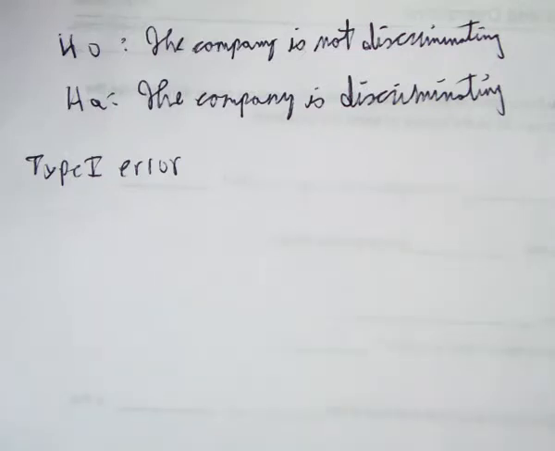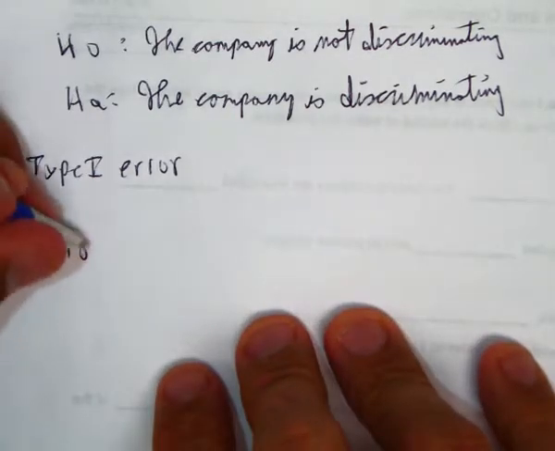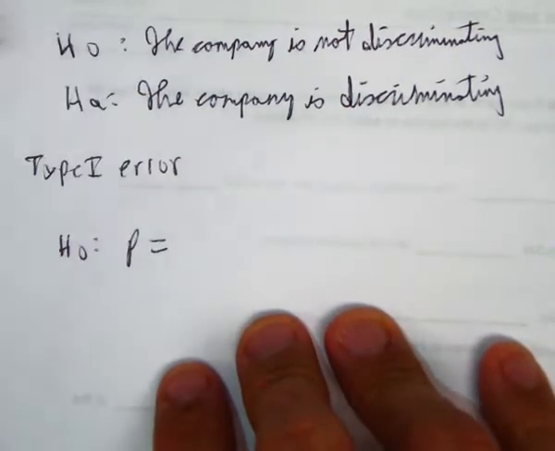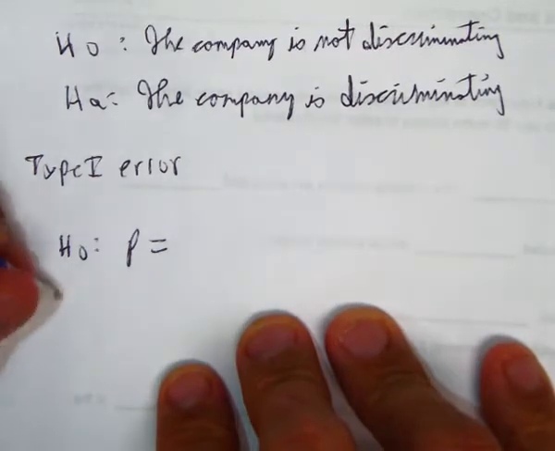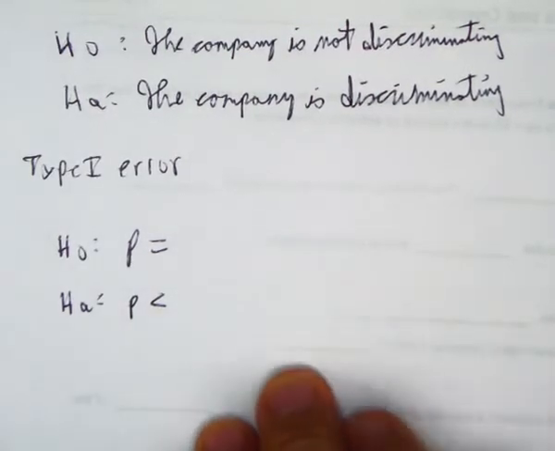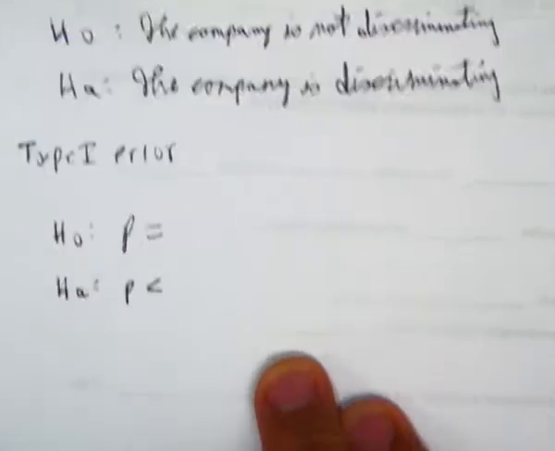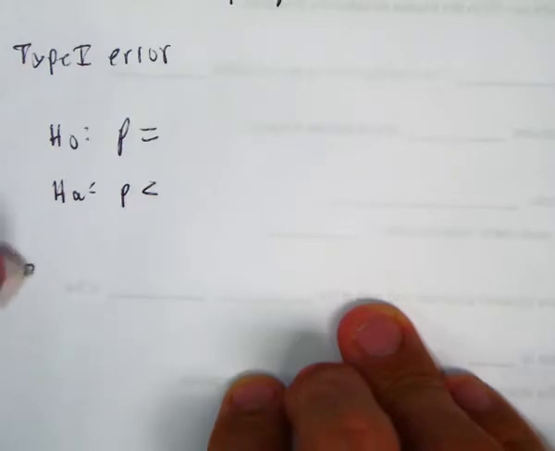So this would be a one-tailed test. The null hypothesis would just be P equals something, so many percent are minority, and then we want evidence that P is less than that percentage.